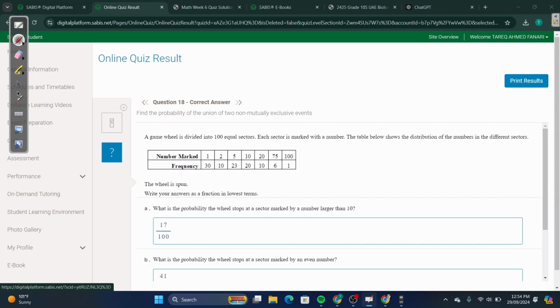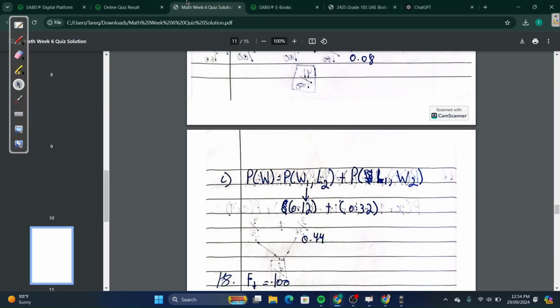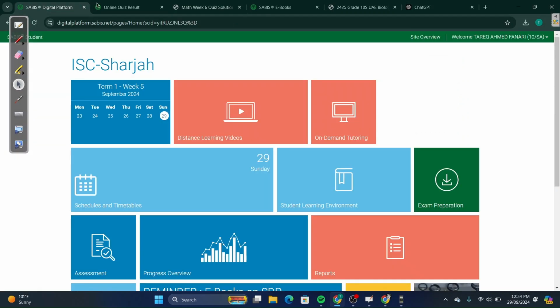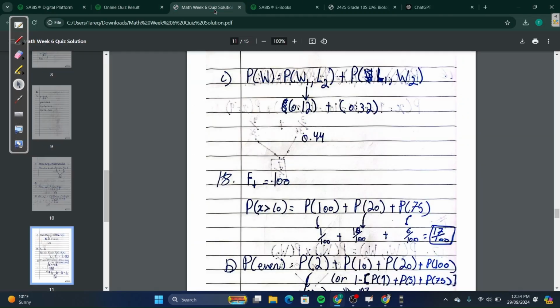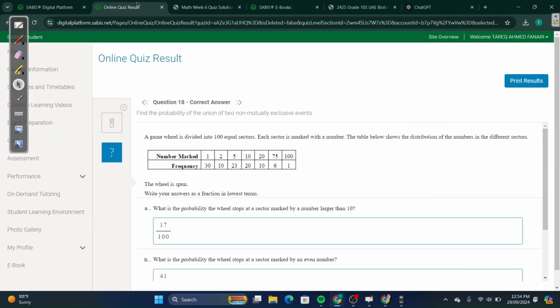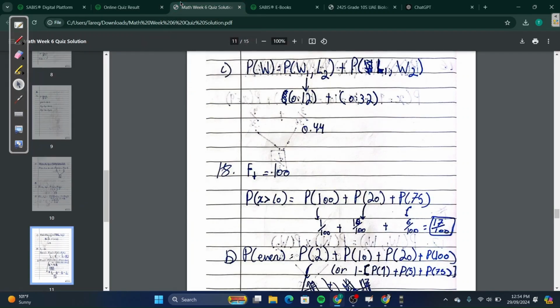So part A, what's the probability that the wheel stops at a sector marked by a number larger than 10? The total frequency is 100. Probability of x being greater than 10. I denoted x to be the number that's greater than 10.